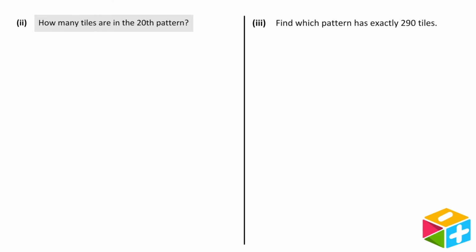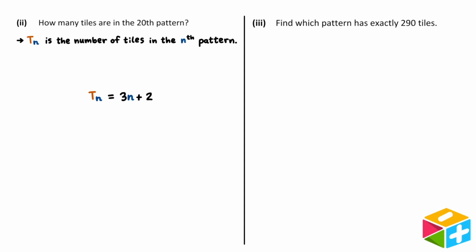The next part of the question asks us to find how many tiles are in the 20th pattern. Well, in the previous part of the question, we found that Tn is equal to 3n plus 2. And here, Tn represents the number of tiles in the nth pattern.